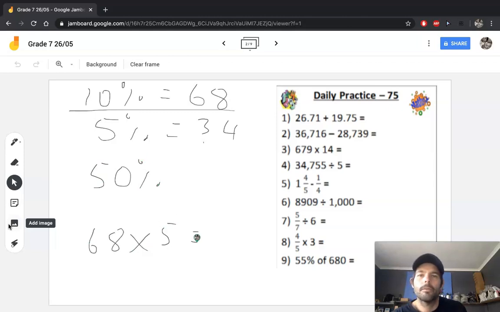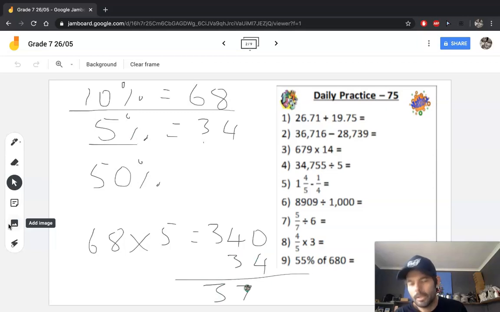Okay, 60 times 5 is 300. 8 times 5 is 40. So 340. Okay, and then we must remember to add the 5% on top of that. So that gives us 374. So 55% equals 374.